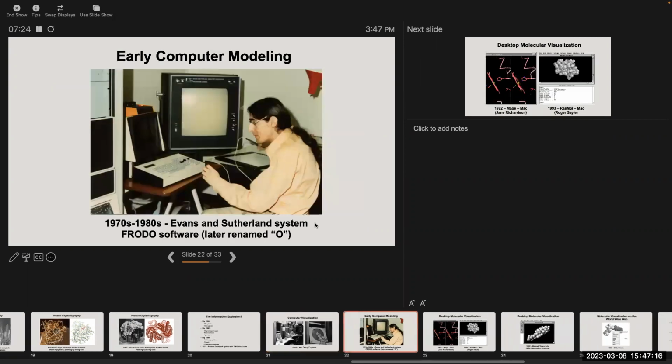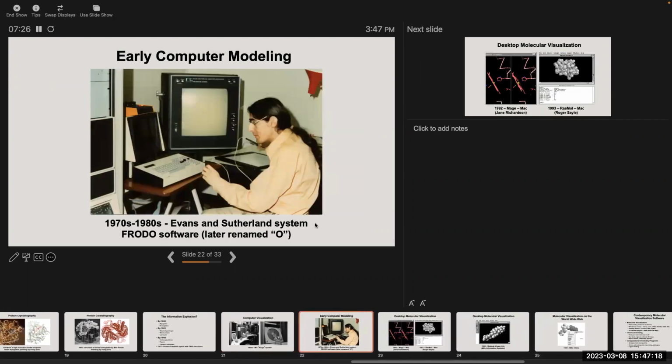Well, jumping ahead a couple of decades, into the 70s and into the 80s, there were more sophisticated computers that were developed, and software that was designed specifically for molecular modeling and molecular visualization that would run on some of these more sophisticated computers. Still primitive by modern standards, but much more advanced than the computers in the 1960s.